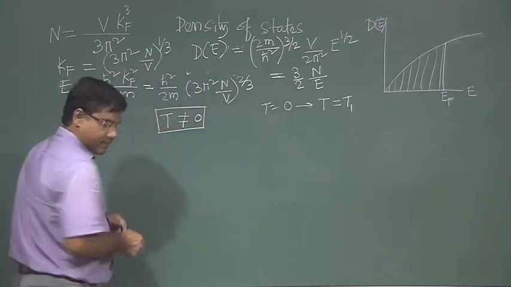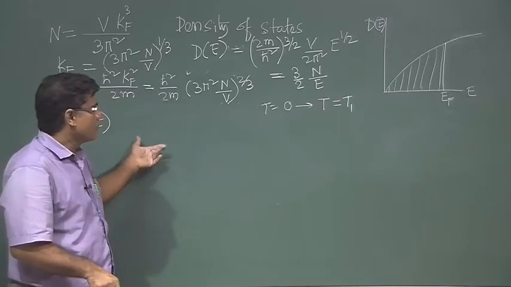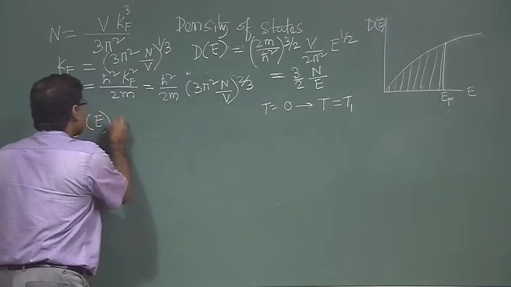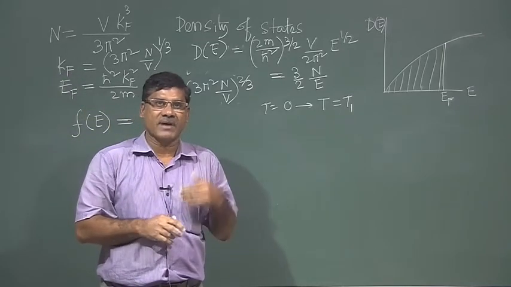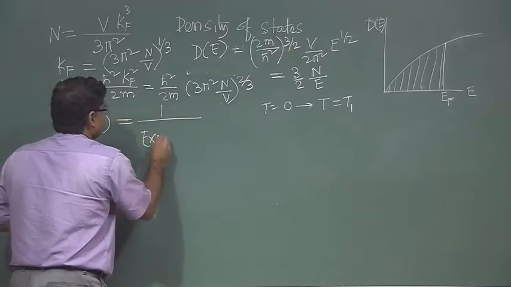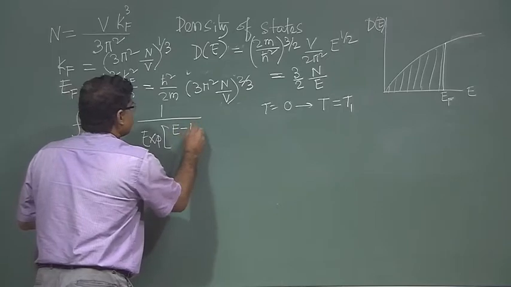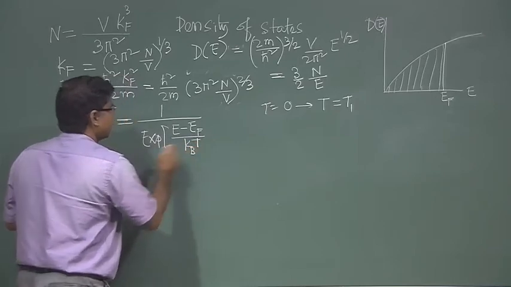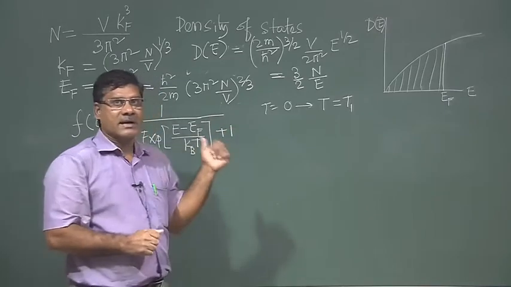To know that distribution at higher temperature, the Fermi-Dirac distribution is the valid one, and that is 1 by exponential of (E minus EF) by kBT, where kB is the Boltzmann constant, plus 1.